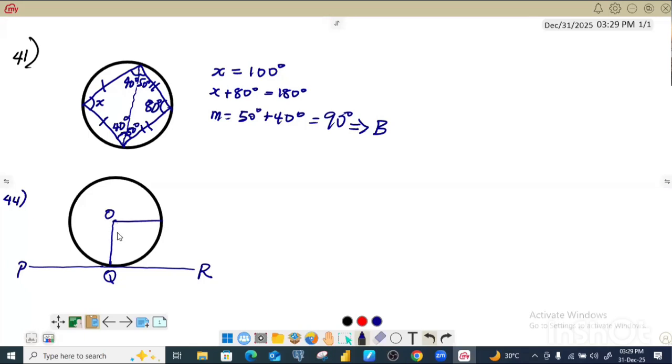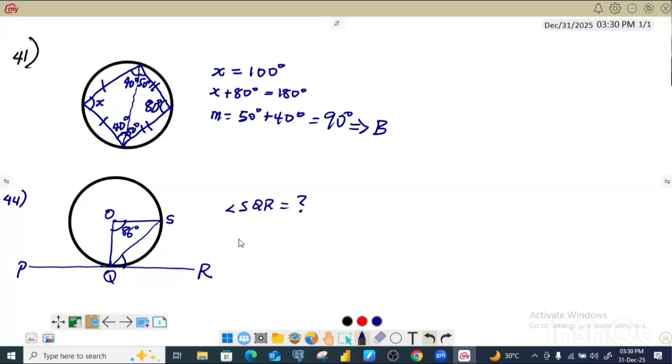I have the center of the circle as O, and this part is S, and here is 86. And we have a complete triangle here. So they want us to find angle SQR. That is this angle. Angle SQR is the question.